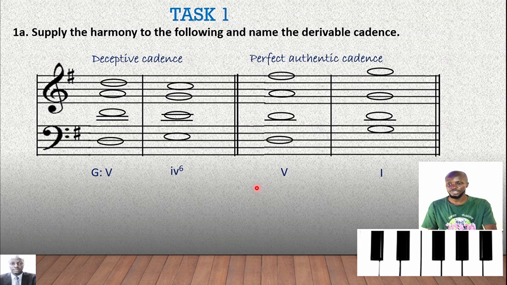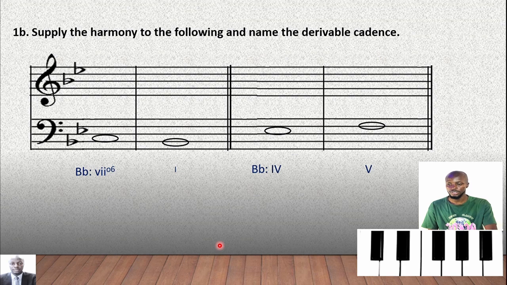Now let's go to the second task. So supply the harmony to this. So we have this exercise in B flat. We have to supply the SAT, the soprano, alto, and tenor. And again, we are also to say the kind of cadence they are.